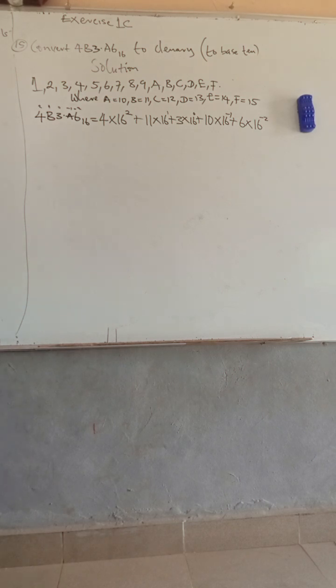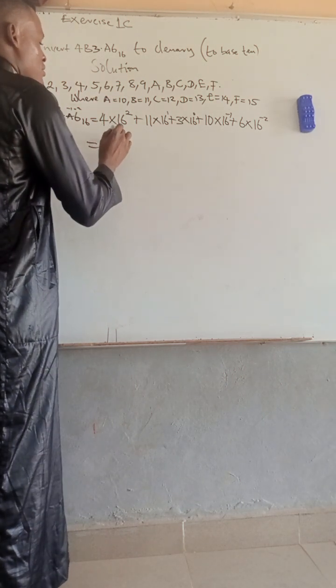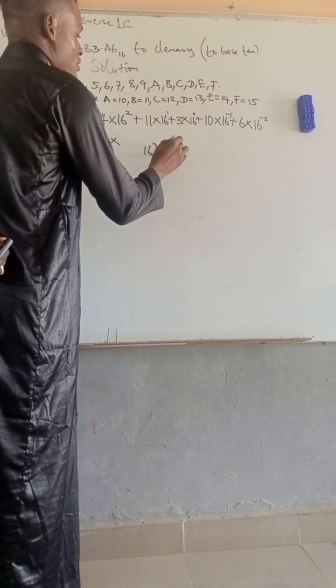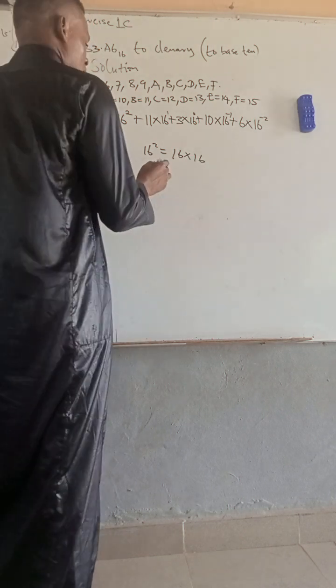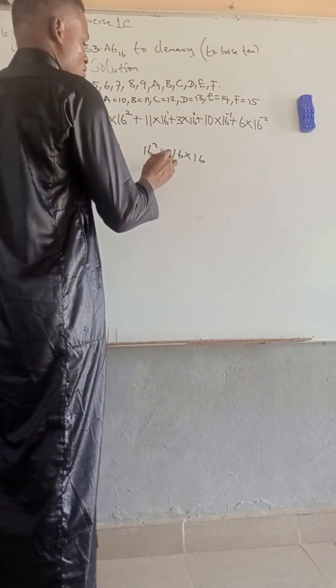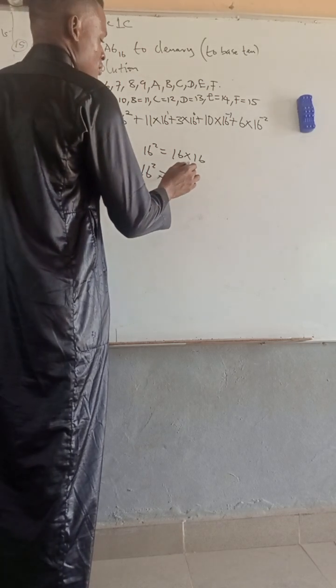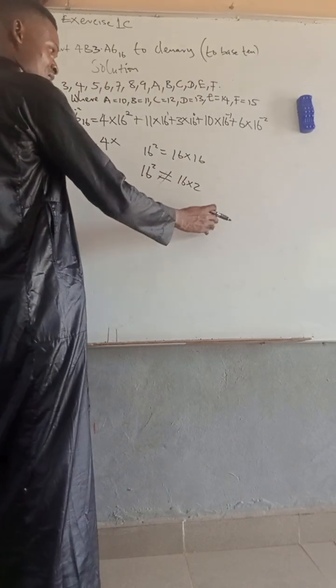If you have that, the next thing will be 4 multiplied by 16 to power 2. 16 to power 2 is equal to 16 times 16. It is not equal to 16 times 2.